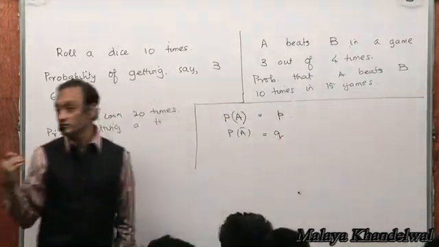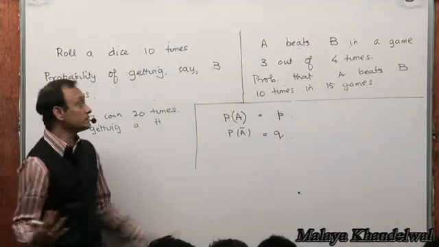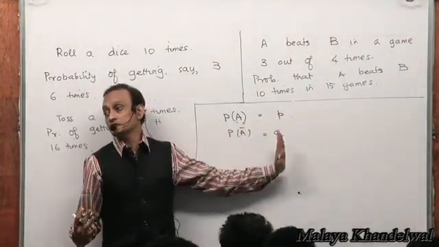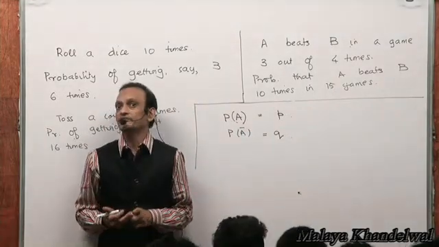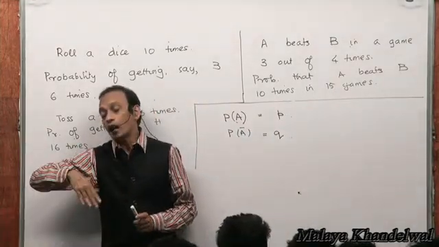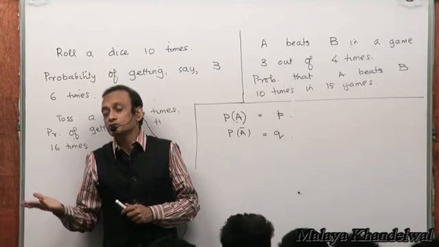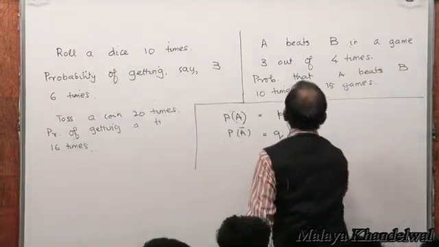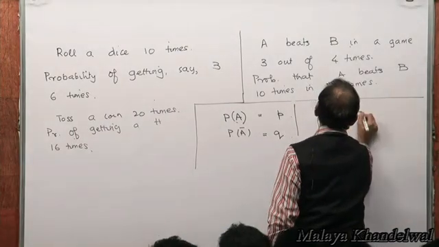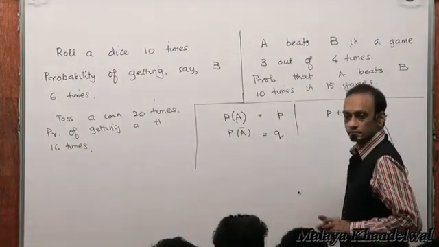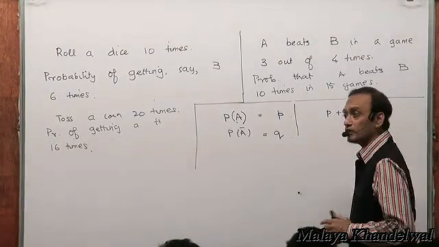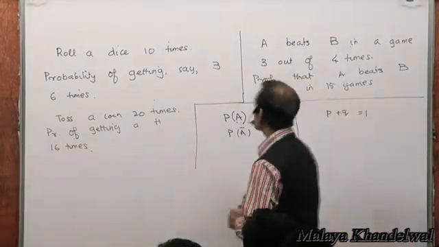Very clearly, if I perform the experiment, either A will occur or A bar will occur. So it's easy to see that P plus Q has to be 1, because either one or the other would have to occur.